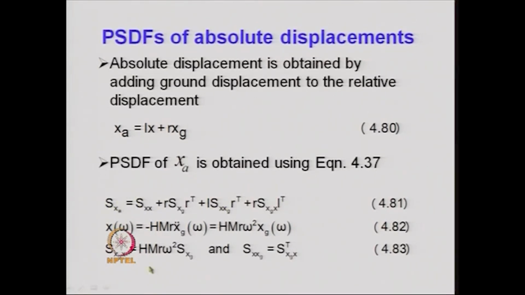Now, one can write down the relationship between xg and x from the relationship that exists between these, that is x omega is equal to minus H m r x double dot g omega. This is a basic equation that we write. If we recall, for the single degree of freedom system, we had written x omega is equal to H omega multiplied by p omega.